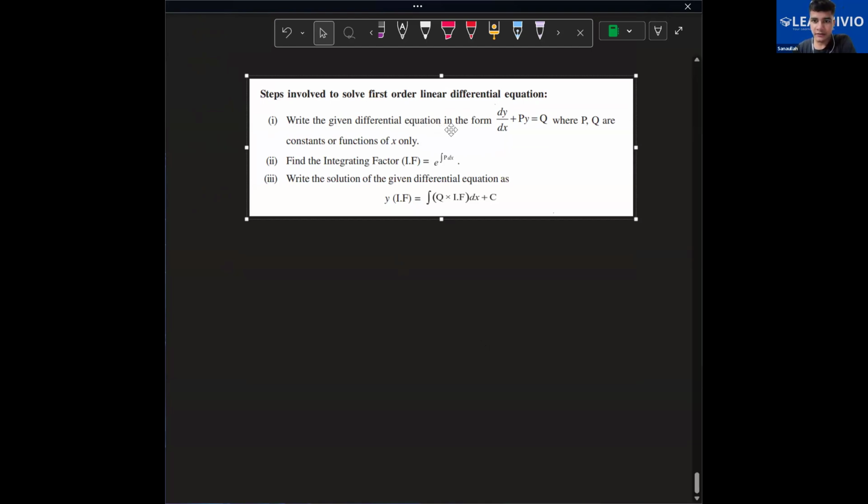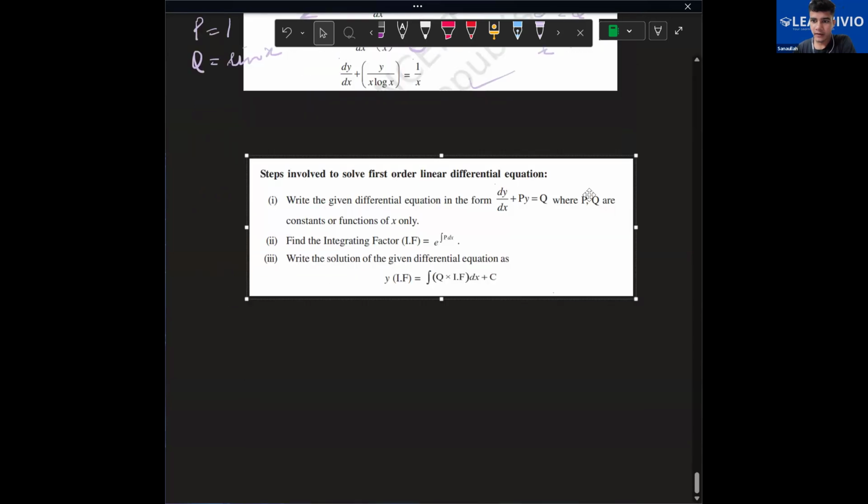So write the given differential equation in the form dy by dx plus py equals q, where p and q are constants or functions of x. This is an important thing: either they are constants or functions of x. They cannot be functions of y.